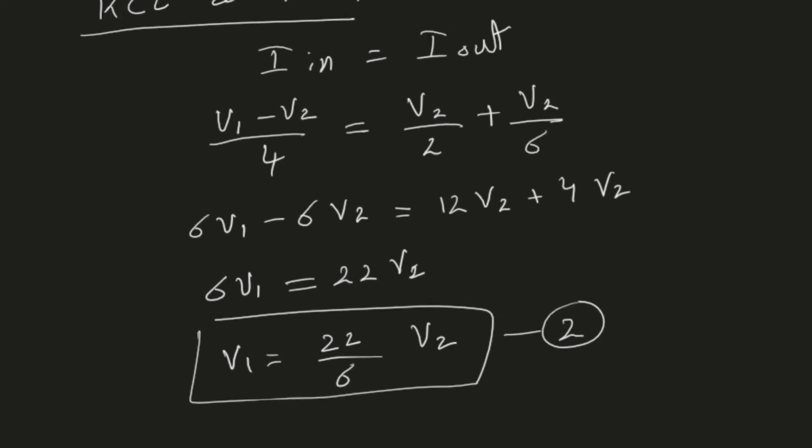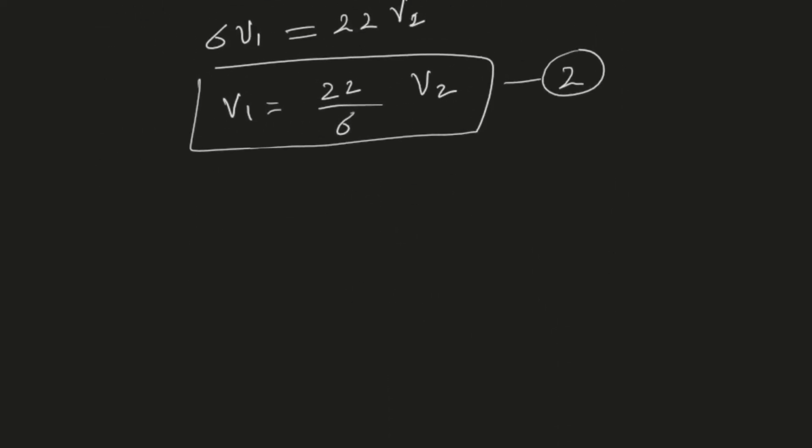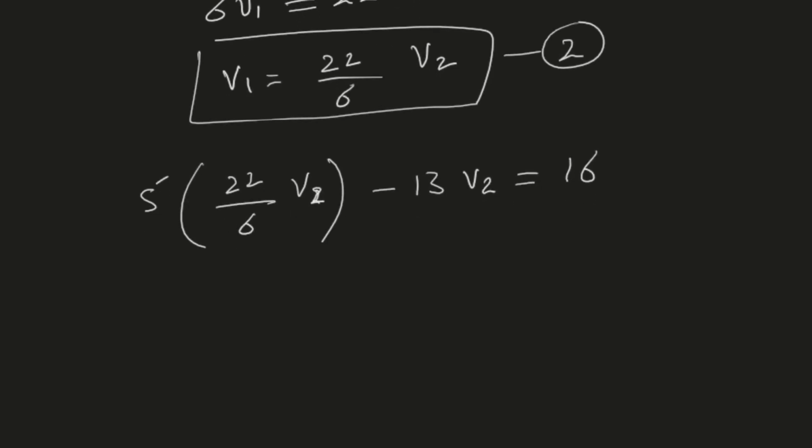Let's put the value from the second equation in equation 1. So we have 5V1 minus 13V2 equals 16. This was our first equation. I just put the value of V1 from equation 2 into this equation. Now 22 divided by 6 times 5 is 18.33.